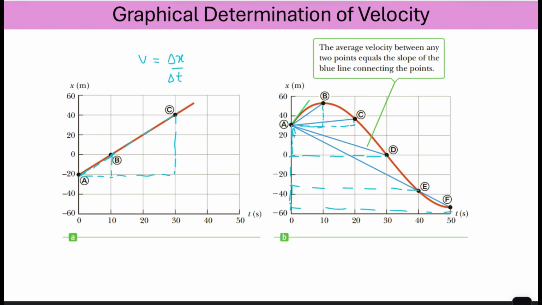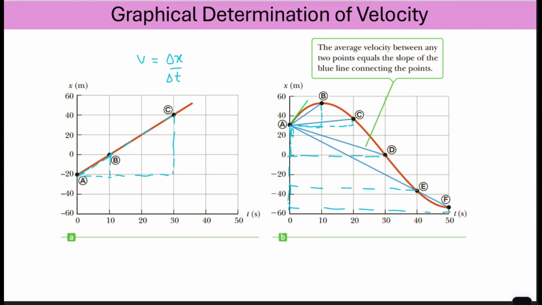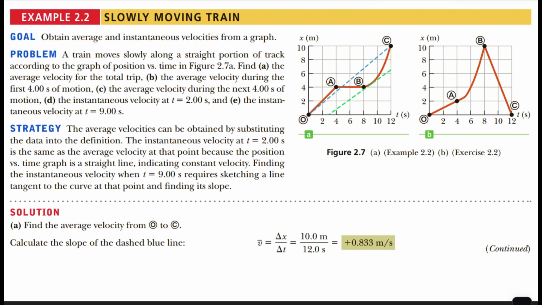It means that the velocity keeps on changing. But for figure A, the slope, the gradient from point A to point B or A to C is the same. Therefore, the V is constant.